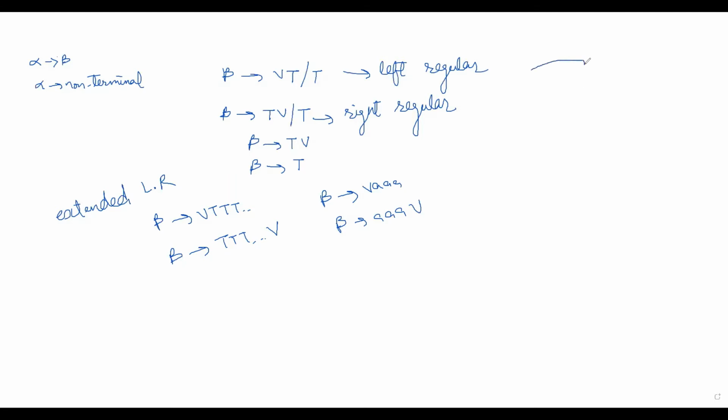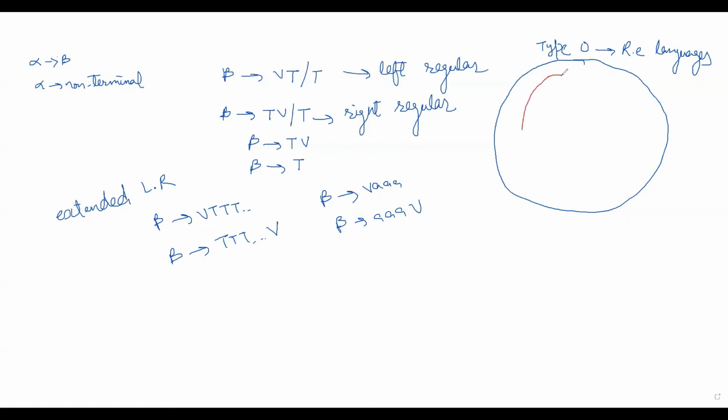So we can say, for example, this includes type 0 grammar, or we can say recursively enumerable languages. Fine. And the subset of type 0 is this one, which is type 1, or we can say context sensitive languages.